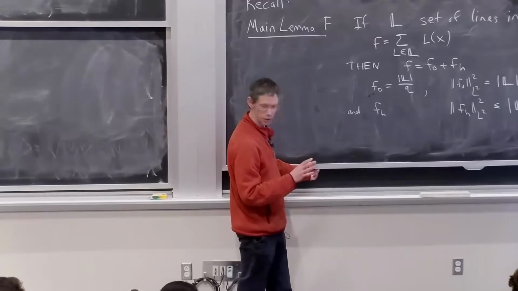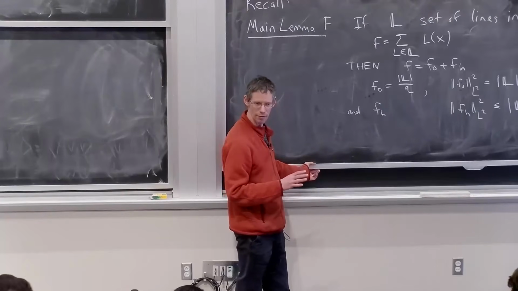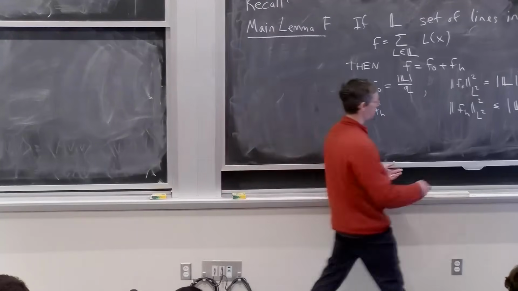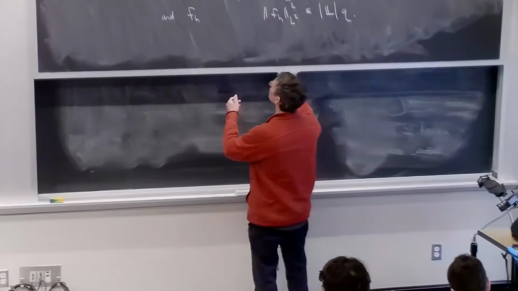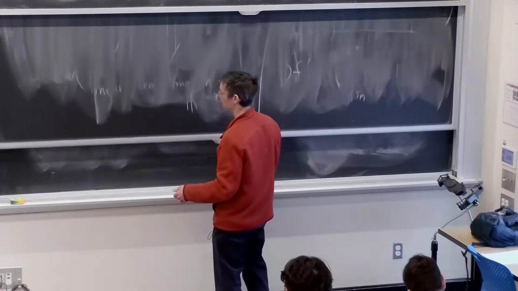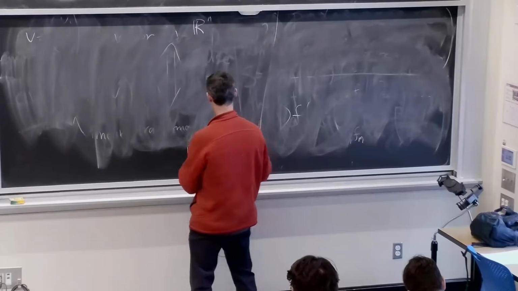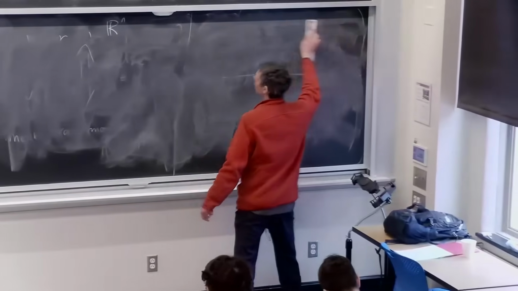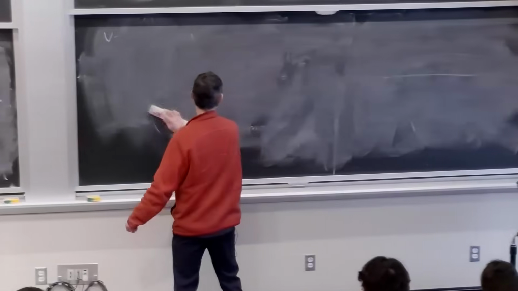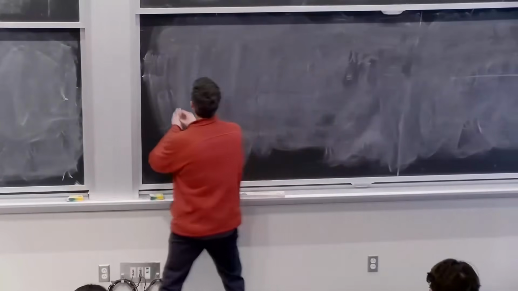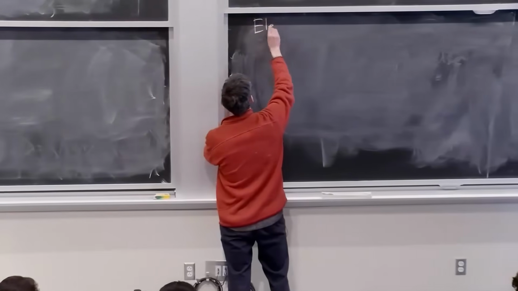And it's worth saying that that bound for the L2 norm of f has an elementary proof that's really simpler than this. Let me show it for comparison to help put this in perspective. OK. So let's call this the elementary L2 bound.